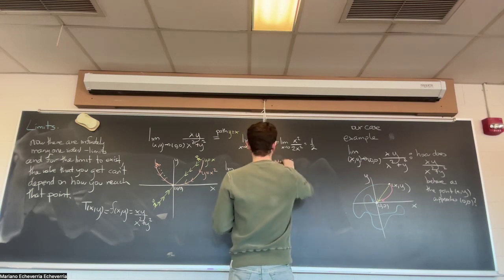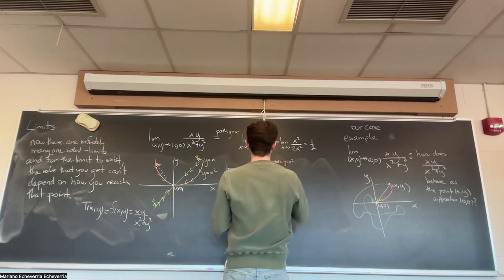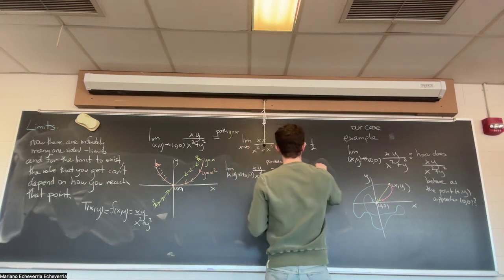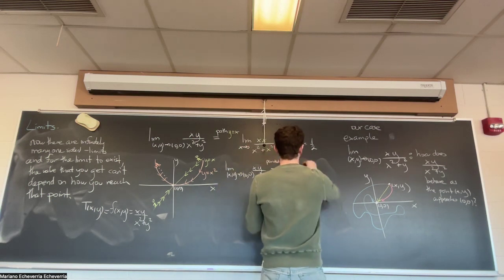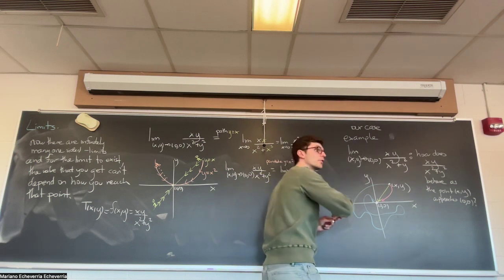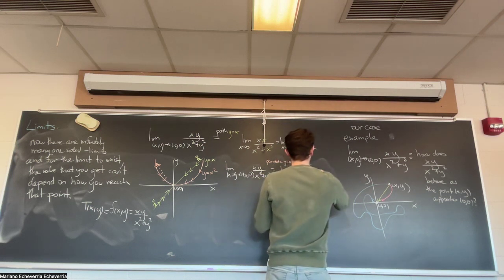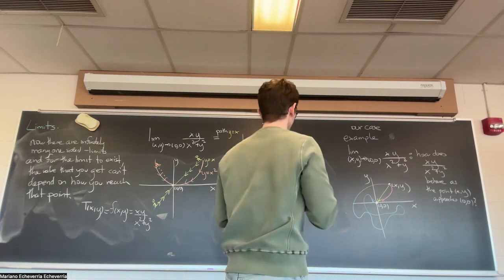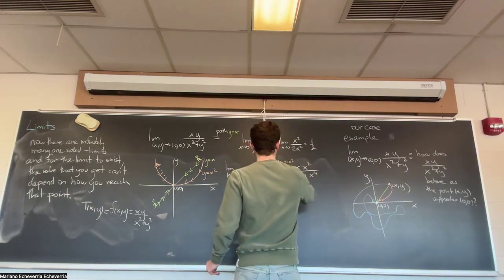The idea is every time you see y, replace it with x squared. So you get x times x squared divided by x squared plus y squared, but y squared becomes x to the 4. So that's what you get here. That's the limit as x approaches 0.